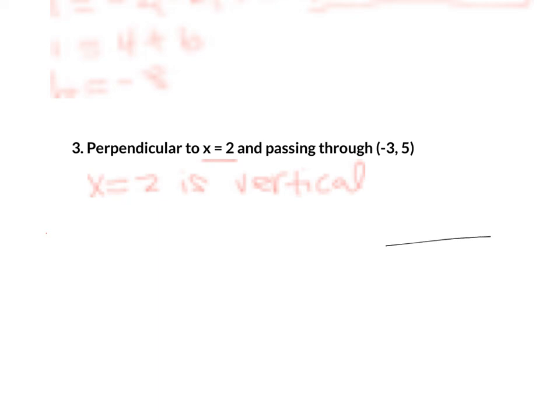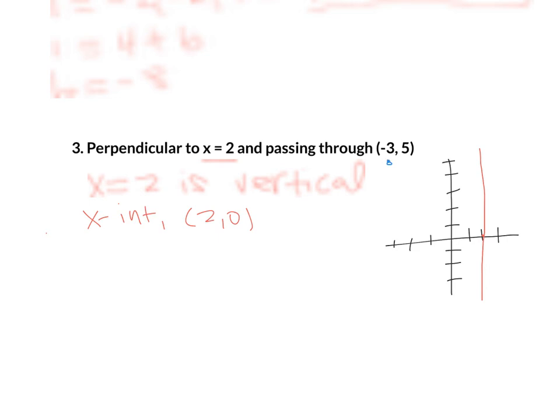Graphing that, we have x equal to 2, so that means it is a vertical line with x-intercept at (2, 0). We want a perpendicular line to that line going through the point (-3, 5), about right there.